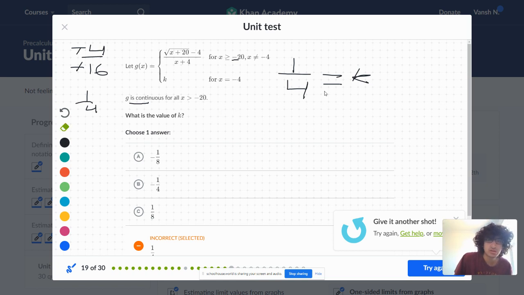Let's see. Okay, so from the right-hand side, this is greater than. So at x equals -4, we have k.